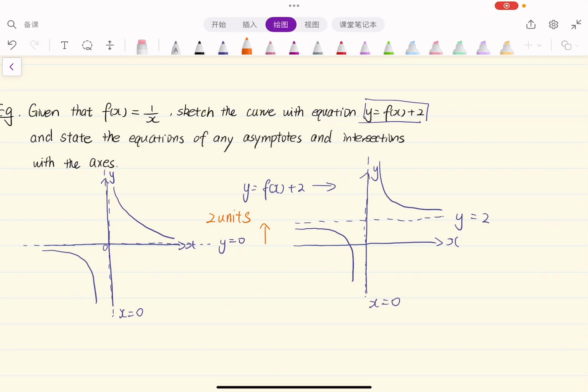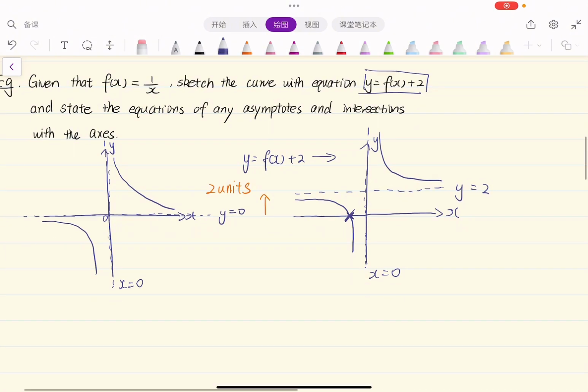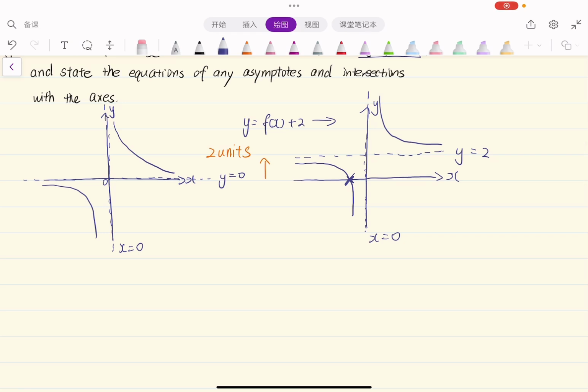Now the question also asks you to state the intersections with the axis. So we can find that here is one intersection point, which means f(x) plus 2 equals 0.